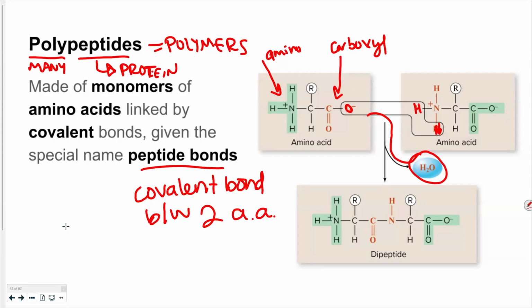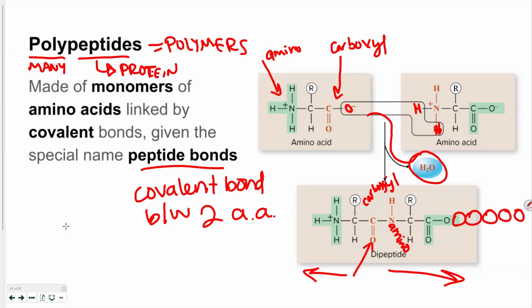Now the carboxyl group of that amino acid is linked to the amino group of this amino acid. Then we could throw another amino acid here, another amino acid here, and so on, however many amino acids long our polypeptide is going to be.